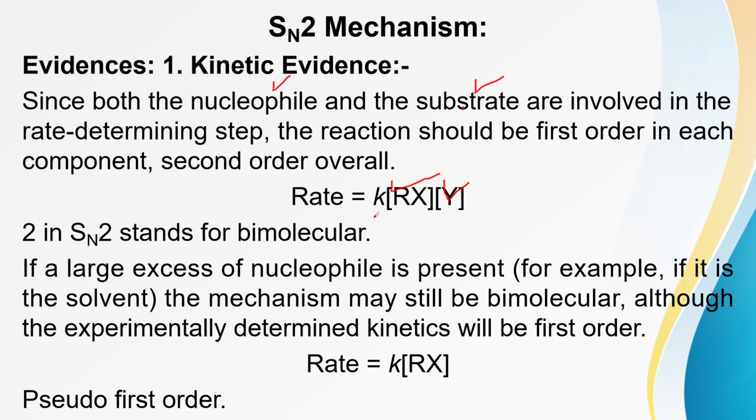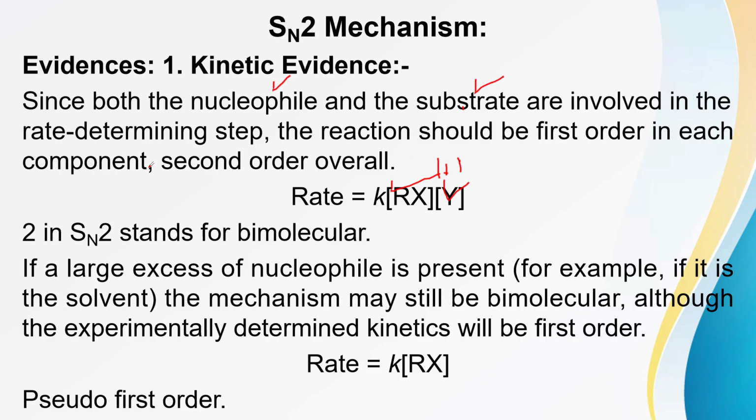With respect to our substrate, the order is first order. With respect to the nucleophile, the order is also first order. But overall, the order depends upon the concentration of two reactants, so it is a second order reaction.